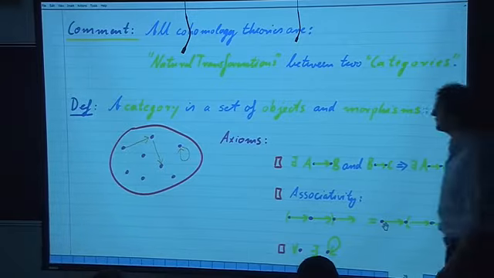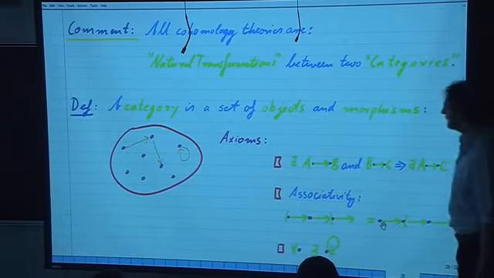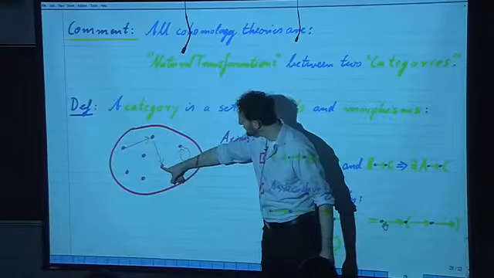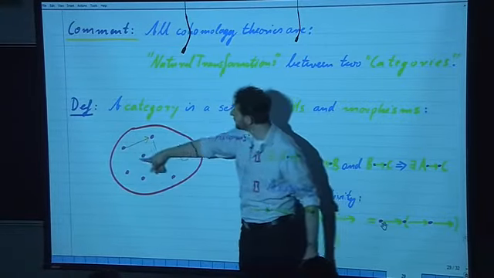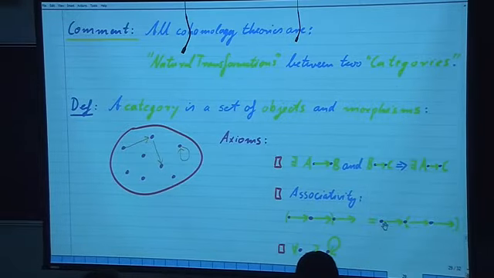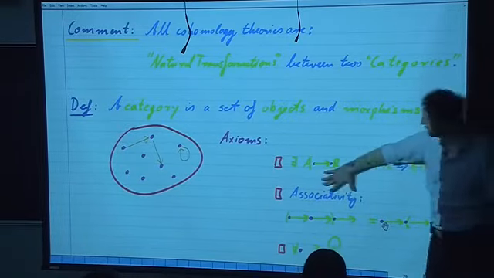So what axioms does the category have to obey? Well, basically, here are the axioms. If there's an arrow from an object A to an object B, and an arrow from the object B to the object C, then there must also be an arrow directly from A to C. This is one of the key axioms. We also want associativity.